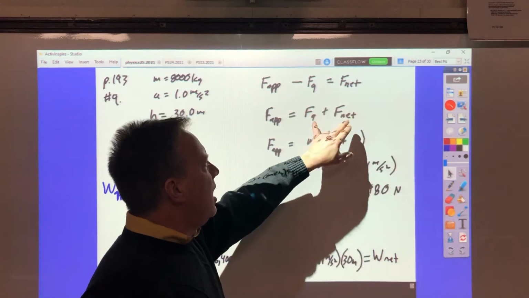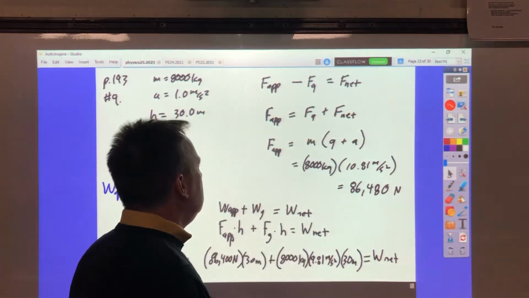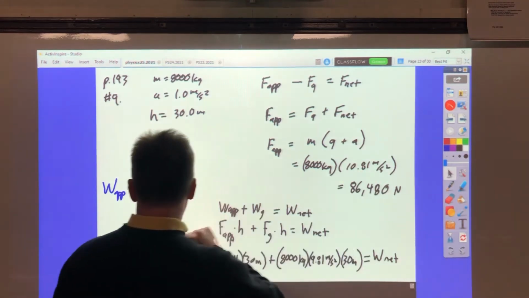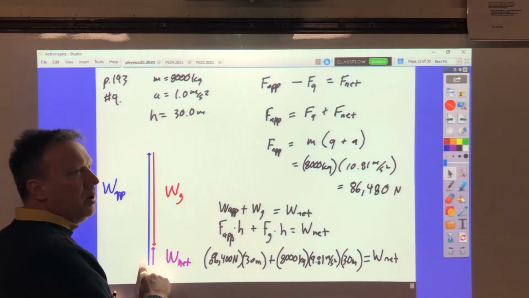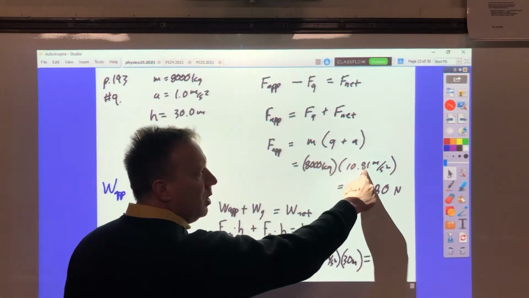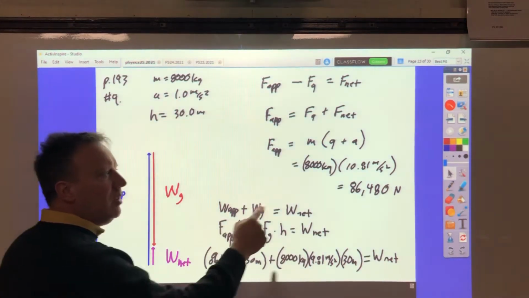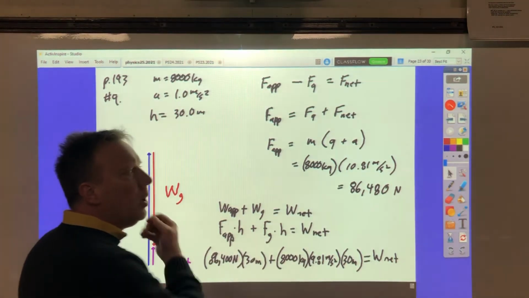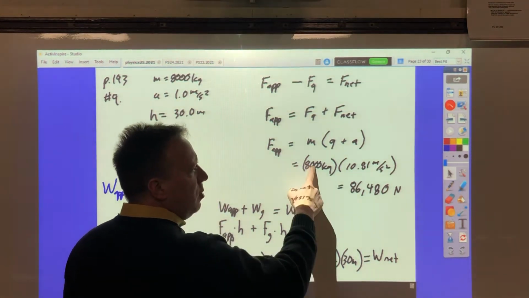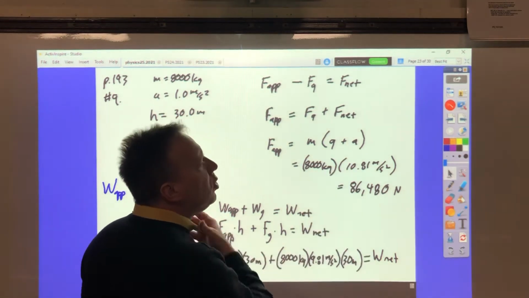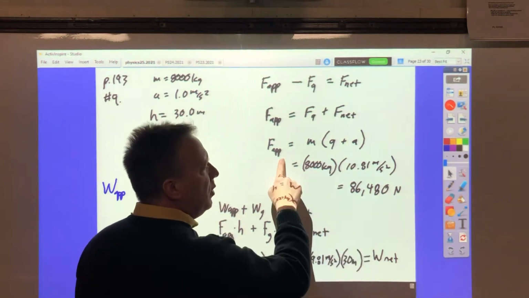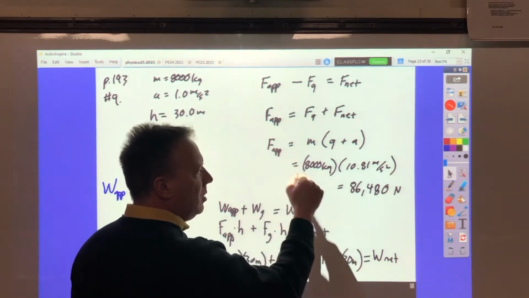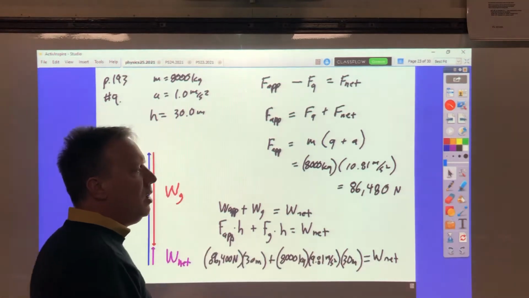Take that to the other side, so your gravity and your net are going to be, this applied force is going to have to, basically, if there was no gravity, it would take off at 10.81 meters per second squared. But gravity is going to eat up 9.8 meters per second squared of that, all but a meter per second squared. So you multiply your 8,000 times 10.81, your net force, or your applied force, your driving force, in this case that's the same thing, is 86,480 newtons.